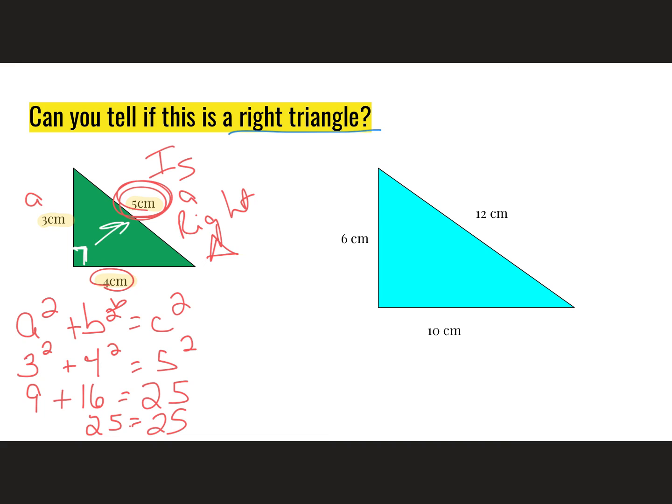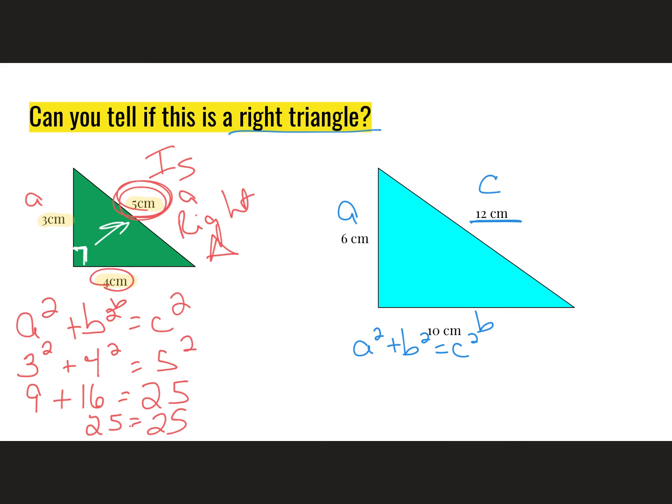Okay, let's try this next one. I'll change color so you can tell which one I'm working on. Here, my longest side is 12, so that will have to be side C. And then I'll make this side A, this side B. Again, which side is A and B doesn't matter so much. So again, I have A squared plus B squared equals C squared.